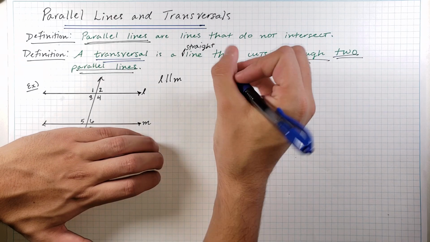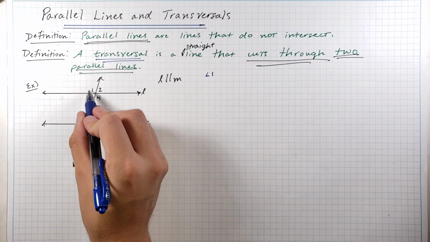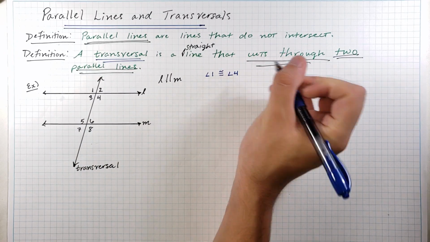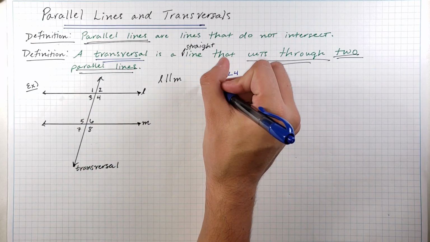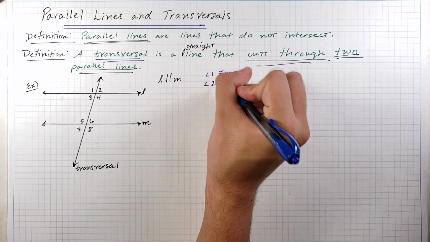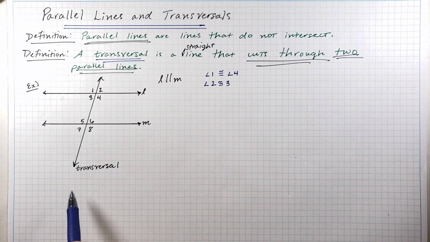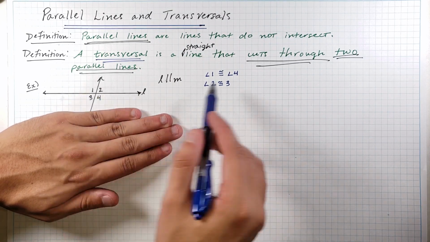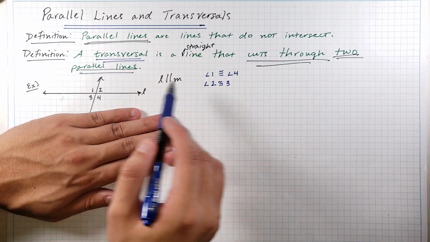So we can write angle 1 is congruent to angle 4. We could also write angle 2 is congruent to angle 3, right? And that pretty much does it for this top part. We labeled the vertical angles: 1 and 4 are congruent, and angle 2 and 3 are congruent.